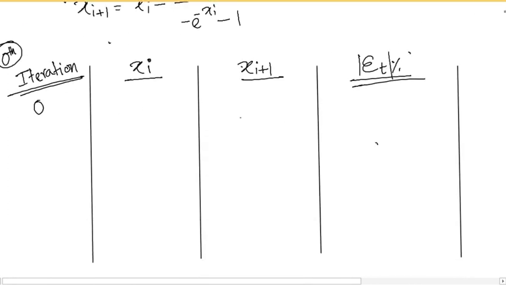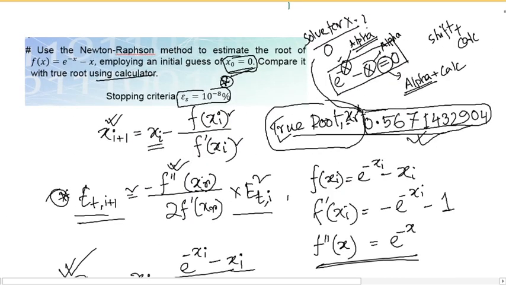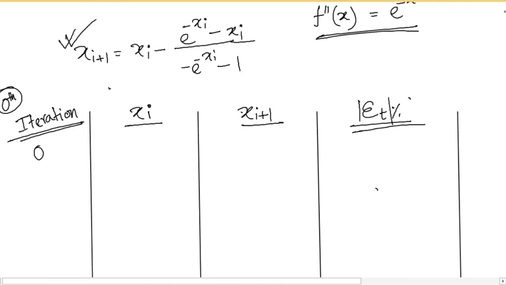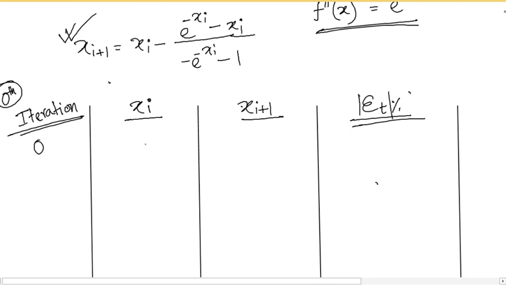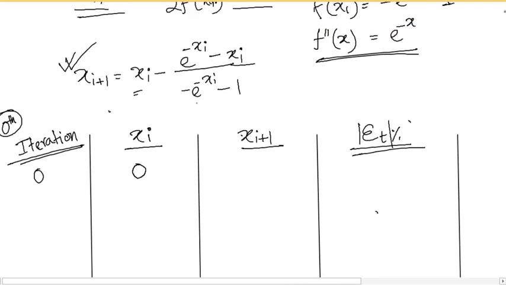So 0th iteration, it says that you should start from 0, and that's why the initial guess will be 0. So if you put the value 0 in this equation, it will become 1 in the numerator, and minus 2 in the denominator, 1 by minus 2, and there is a minus over there, so it will become half, that is 0.5.